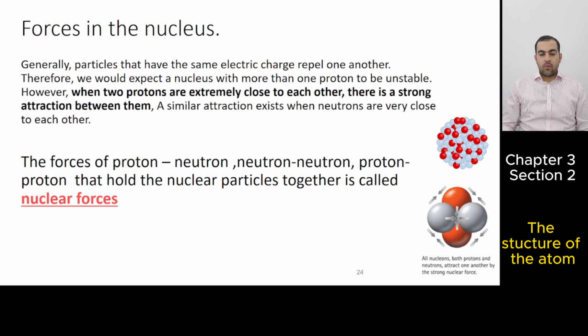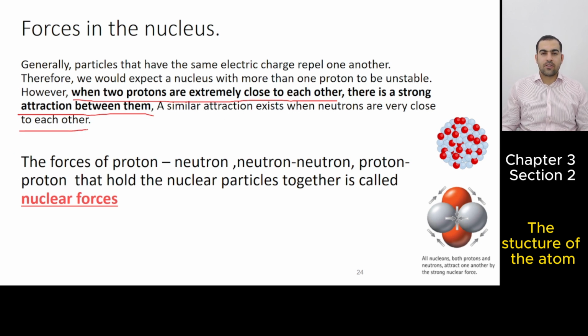When two protons are extremely close to each other, there is a strong attraction between them. A similar attraction exists when neutrons are very close to each other. When a group of protons are very close to each other, the repulsion force changes to an attraction force.